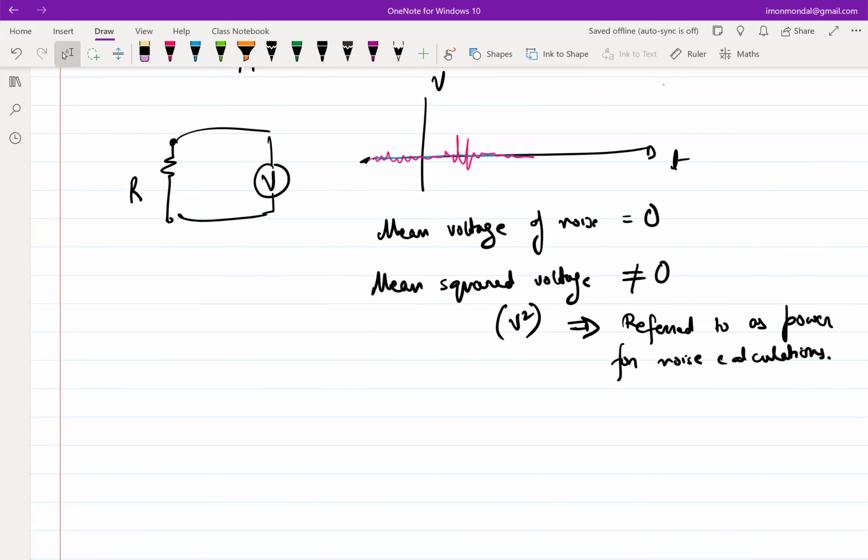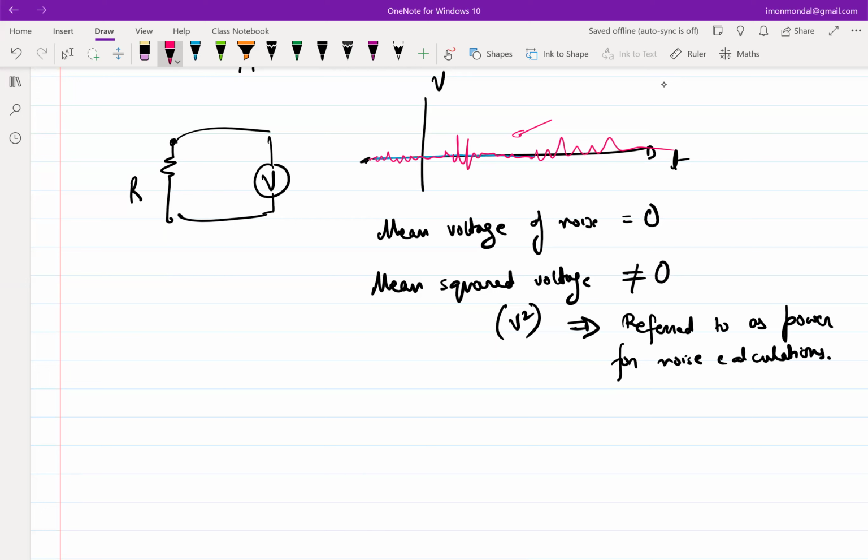So the definition is this. If you observe this wiggling, right? You take this resistor, observe this over a sufficiently long period of time, you are going to get some wiggling like this.